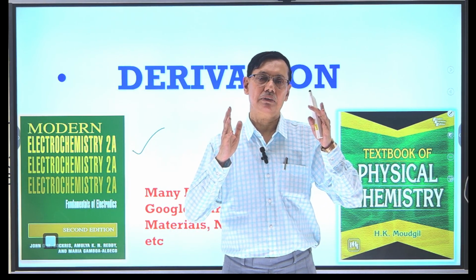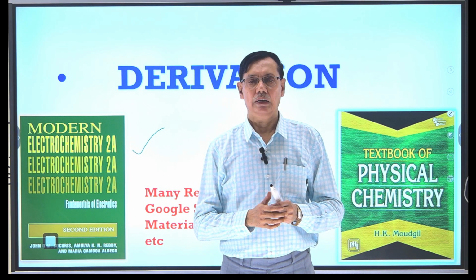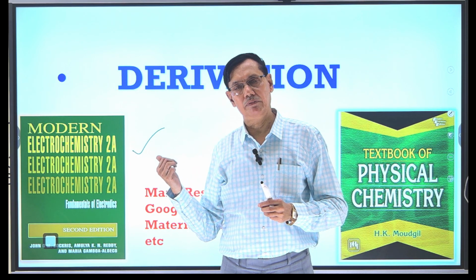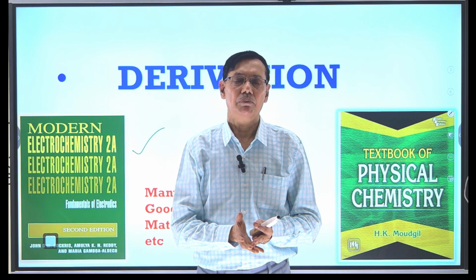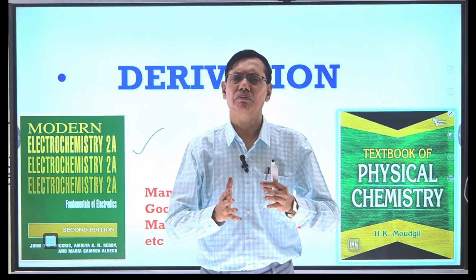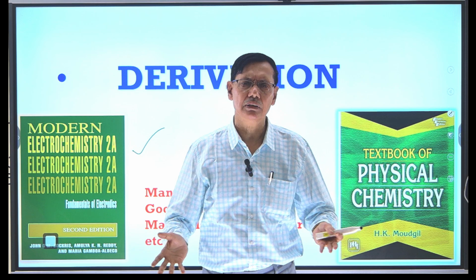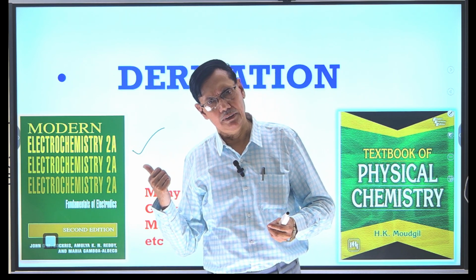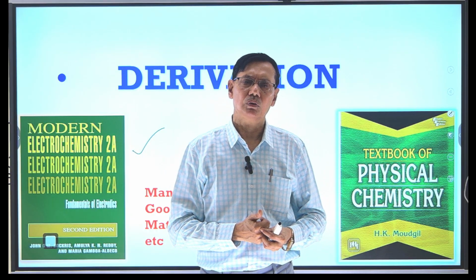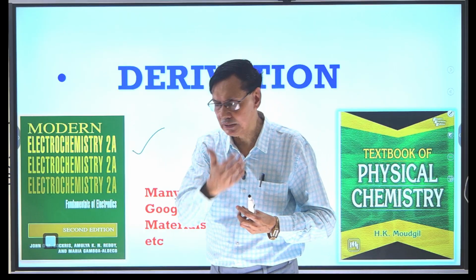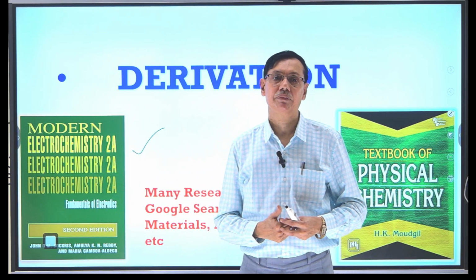And there is a chapter 6, and he has given all the information of this Gouy and Chapman model, but of course complete derivations are not available, but they have given the full concept. So I request my students that they must refer this Bockris and Reddy.